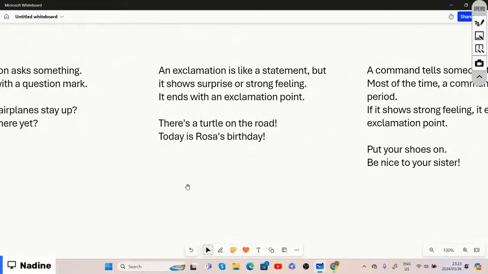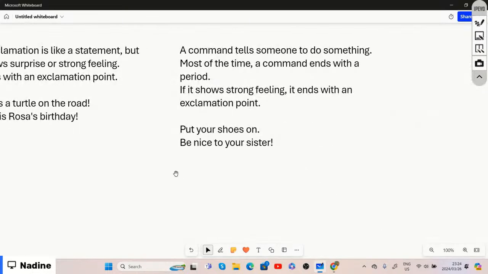And an exclamation is like a statement, but it shows surprise or strong feeling, and it ends with an exclamation point. And then we have a command, right? And a command tells someone to do something. A command can either end with a period, or if it shows strong feeling, then it can end with an exclamation point.